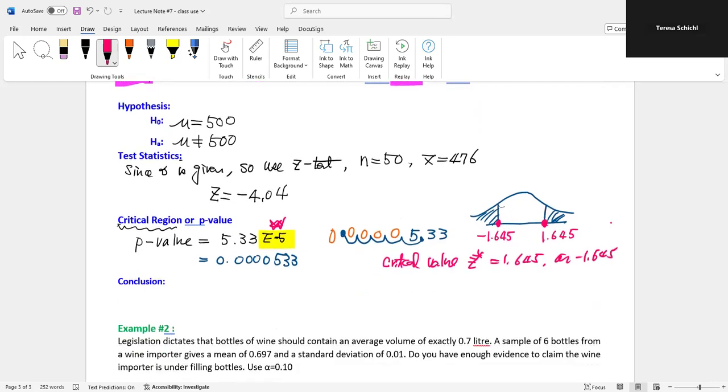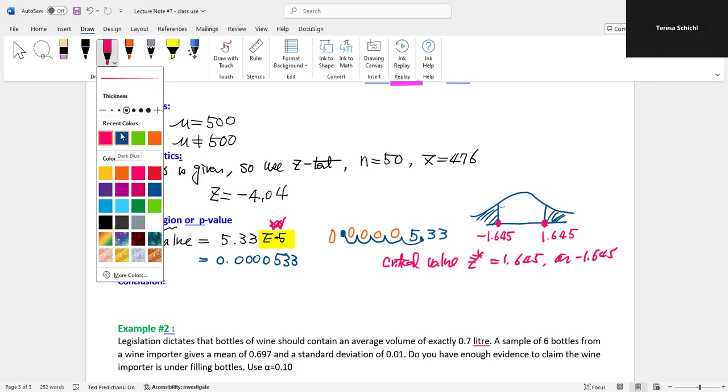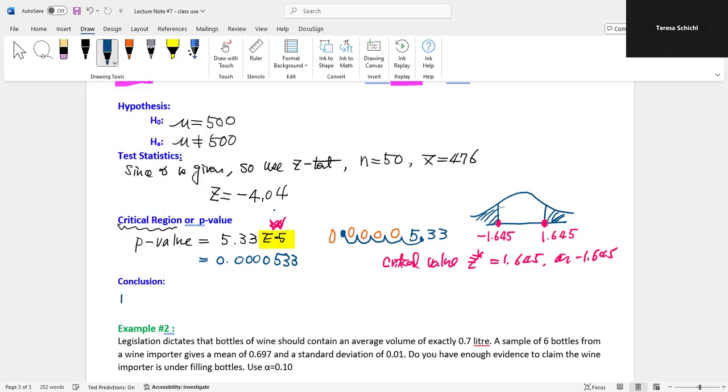In here, our decision can be made by comparing the p-value. So the p-value is 0.00005533, which is less than my alpha value, 0.1, right?